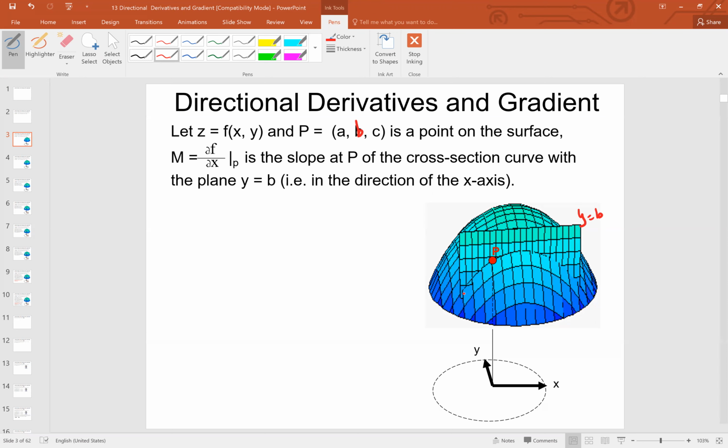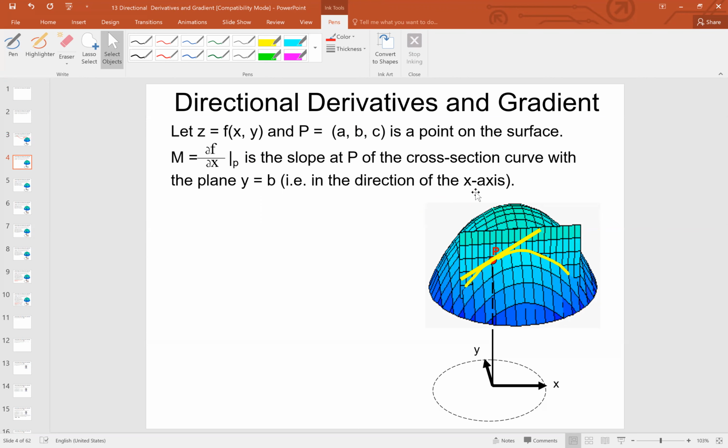We cut across and look at the curve on the plane y = b, and the partial of f with respect to x is the slope of this curve. So here's the picture.